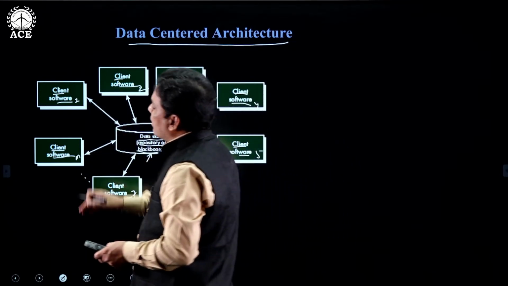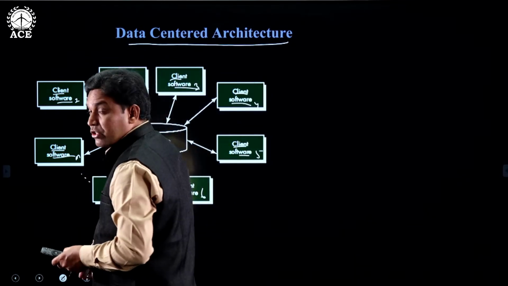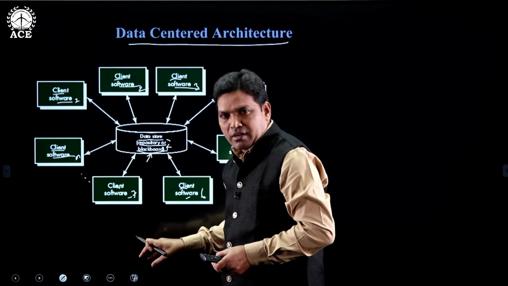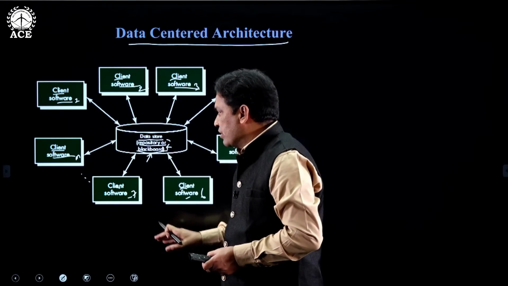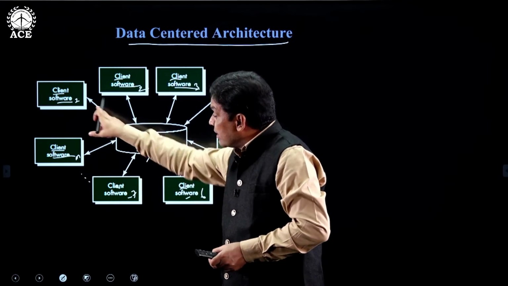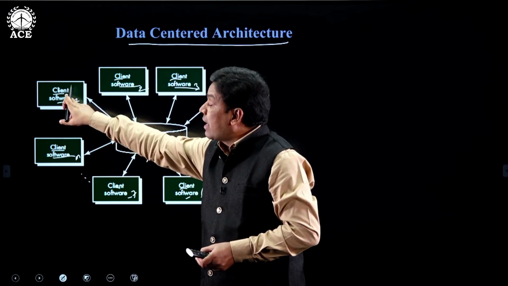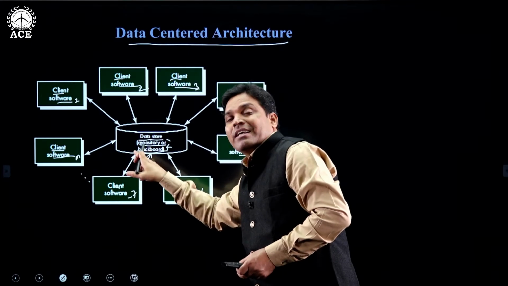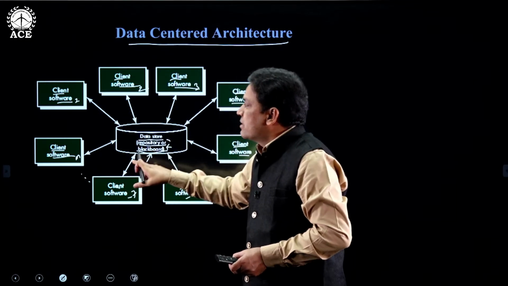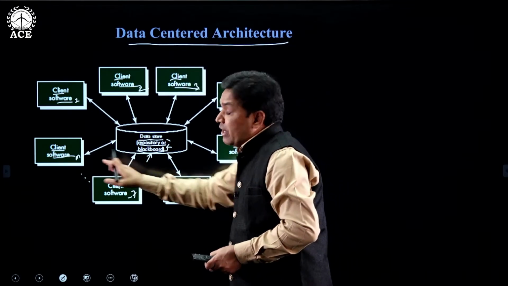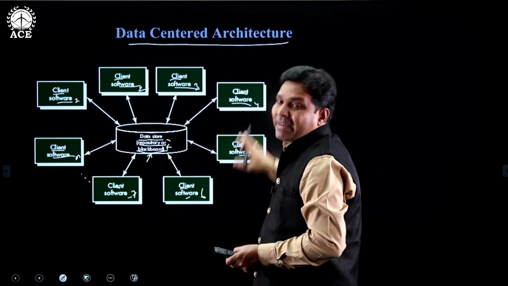Let's take client 1. Client 1 wants to change the existing component of his or her application. So client 1 can send a request, existing components can be removed, and client 1 can add a new component to their application. That change will not reflect on other client components or other client applications.